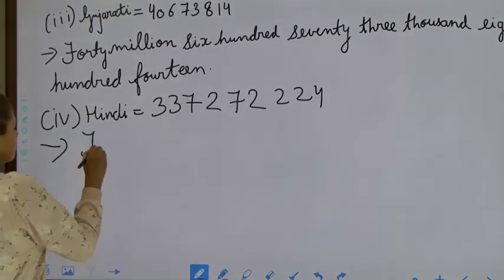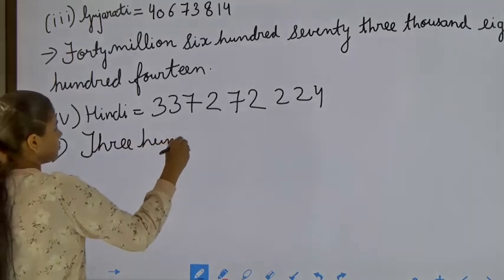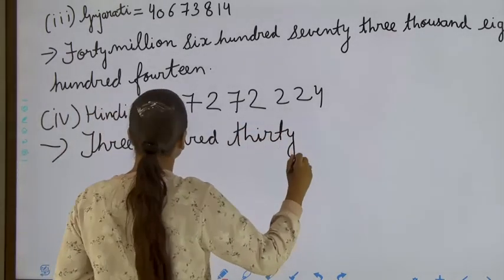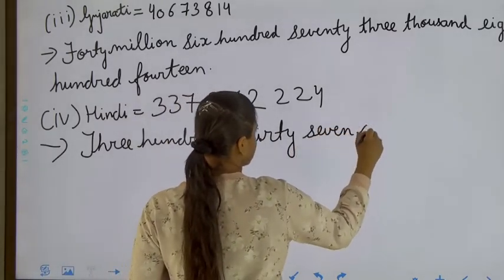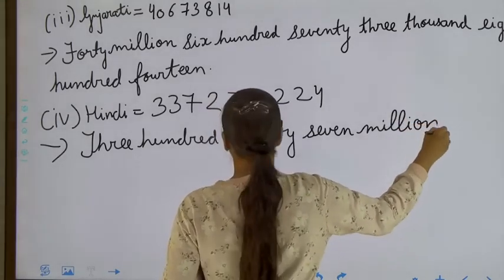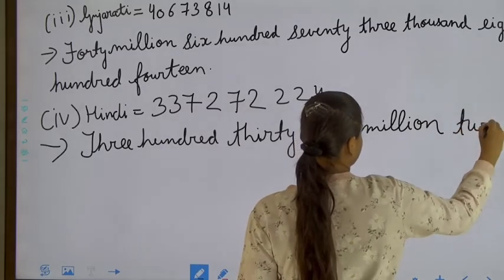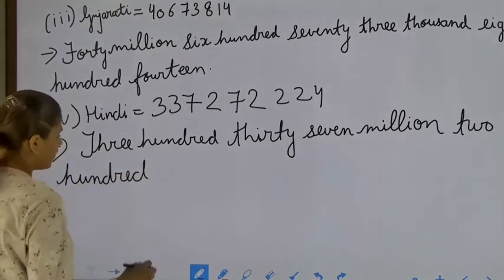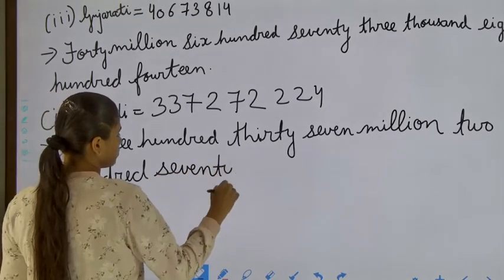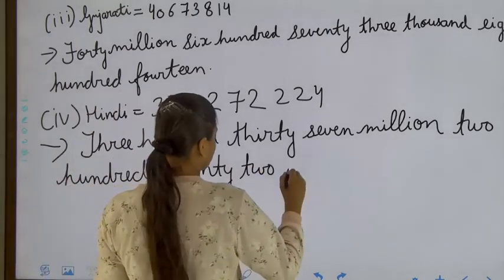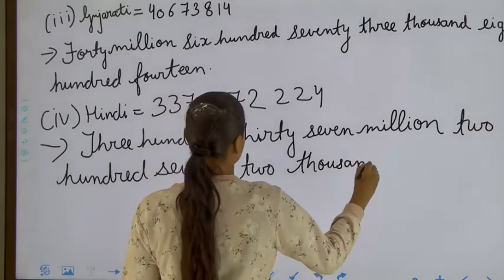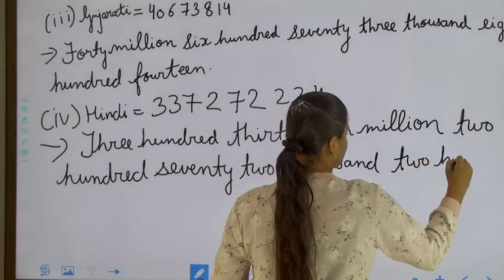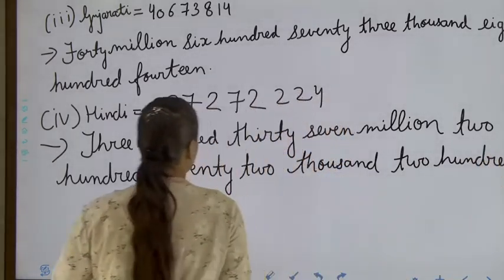That is 337,000,000 200 72,000 72,224 24.